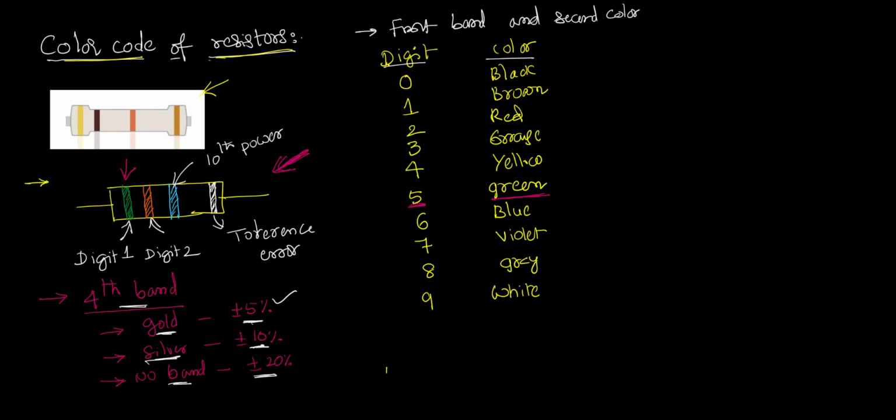That means here digit 1 is 5. The second one is orange. Orange represents the digit 3. So the first one represents 5 because it's green, and the second one is orange, which represents 3.